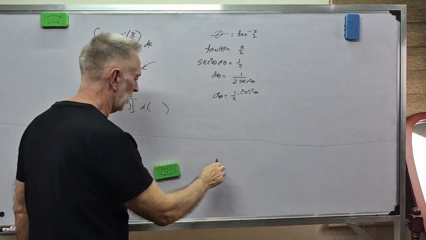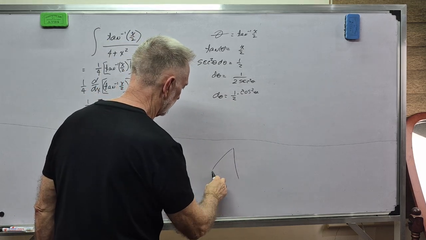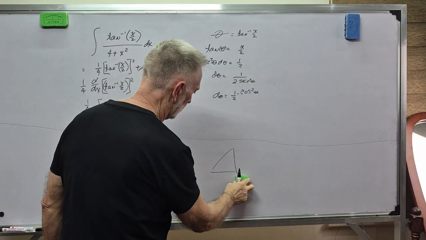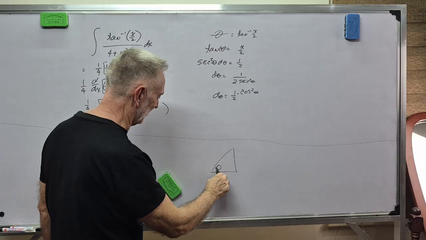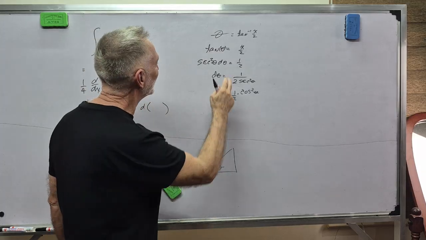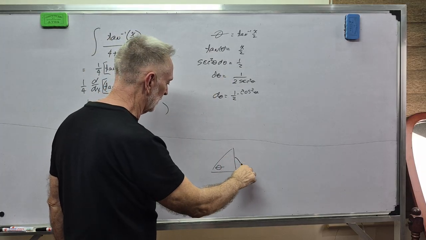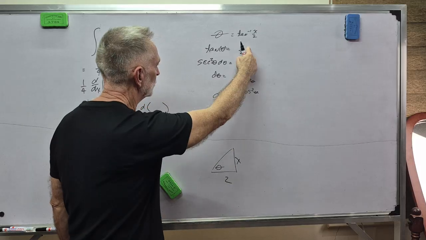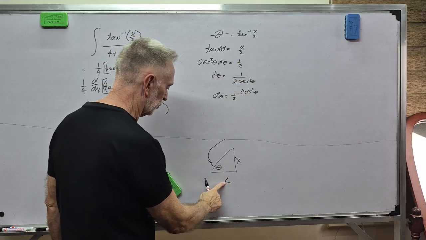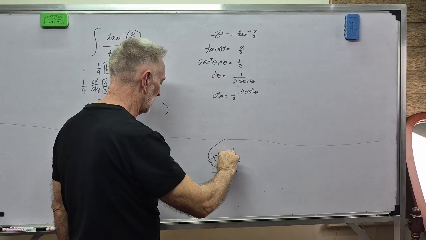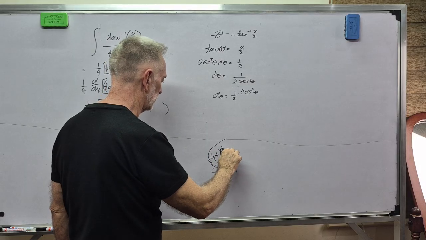All right, what does that triangle look like? Sometimes you have to have an imagination to know that's a right triangle. Tangent, opposite over adjacent, is x over 2. This side then would be the square root of 2 squared, which is 4, plus that side squared, which is x squared.